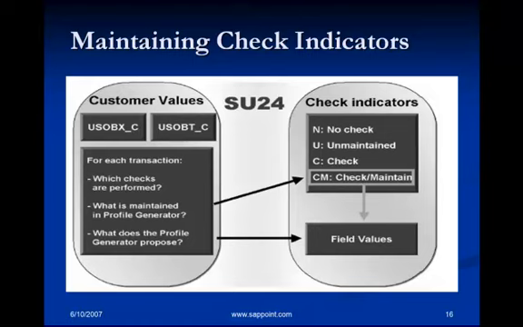That depends on the check indicators in SU24. So you basically have 3 statuses, check indicators: no check, unmaintained check, and check maintained. And for objects which are check maintained, you can also maintain the field values, which will be defaulted into the role in the profile generator.